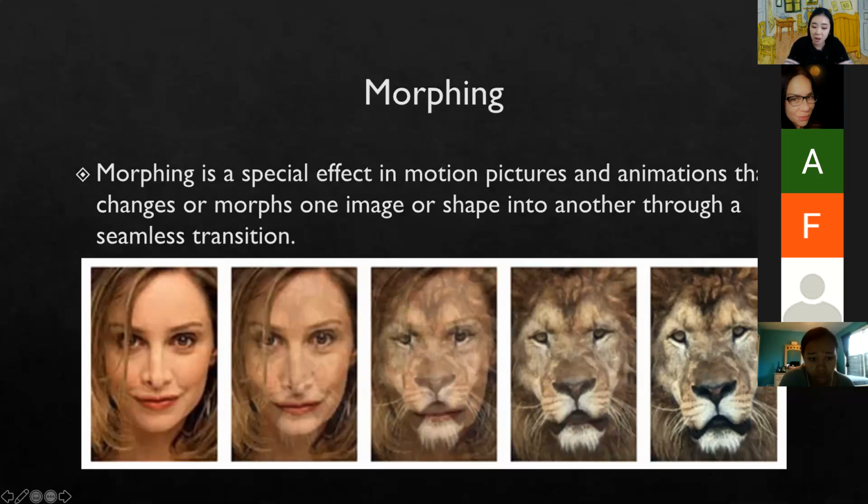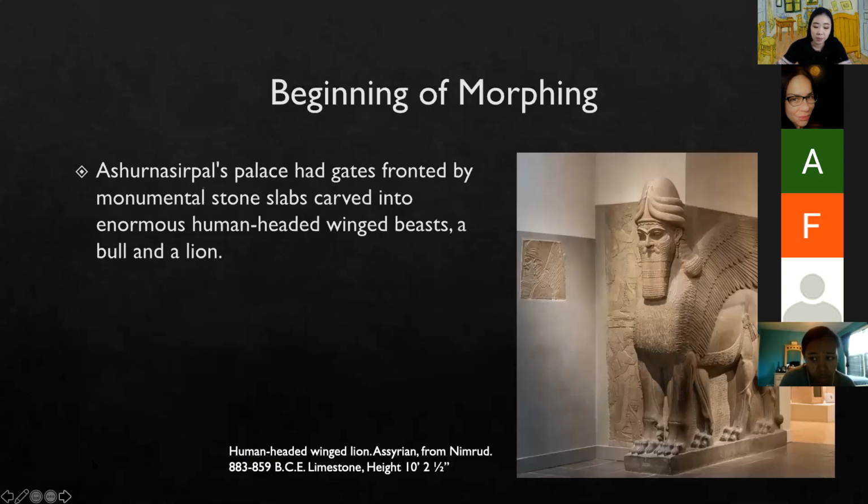Morphing is a special effect in motion pictures and animations that changes or morphs one image or shape into another through a seamless transition. So it looks like a very contemporary technique. However, morphing art had been tried by ancient artists. Like this Assyrian sculpture, it has an enormous human-headed winged beast, a bull, and a lion.